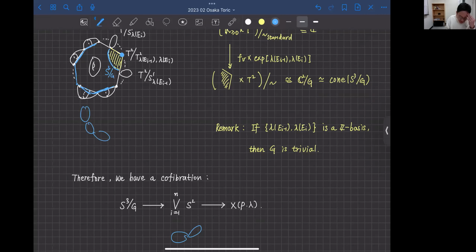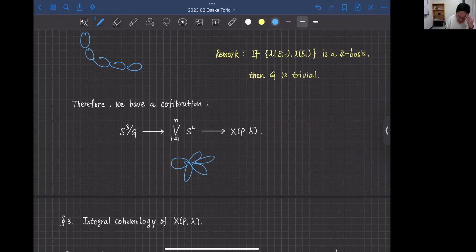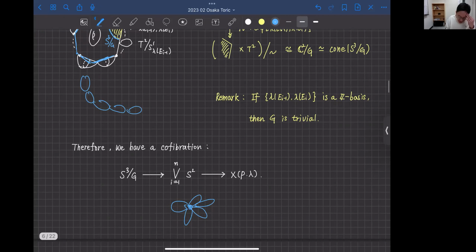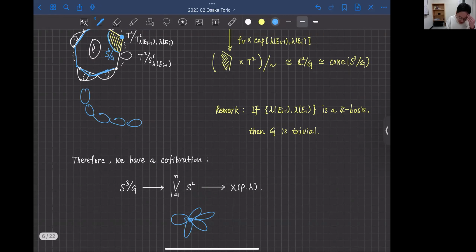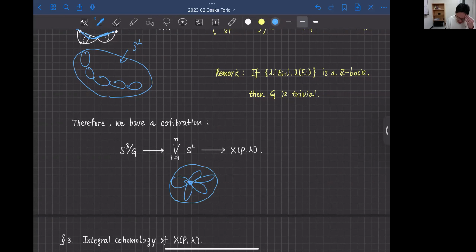Here we have this picture, but up to homotopy we can think of it as this picture. Not circles, but think of two-dimensional spheres.